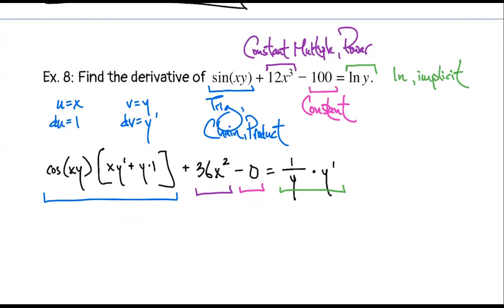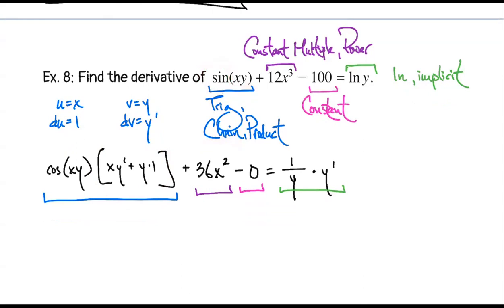All right, great question in the chat. Why do we have xy prime plus y? All right, this part right here. So if we think about this, we said that we needed chain rule, right? We have an outside function, sine, and the inside function is xy.